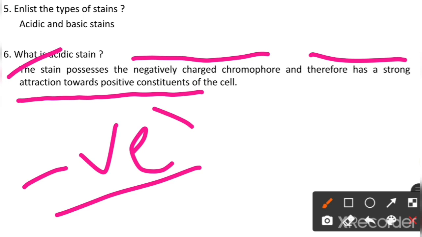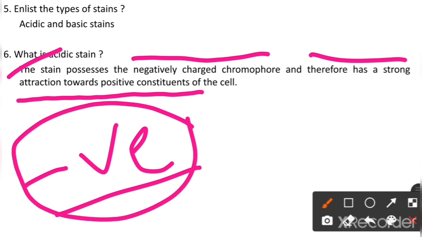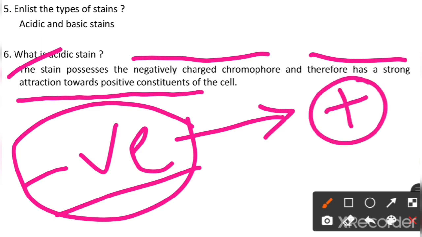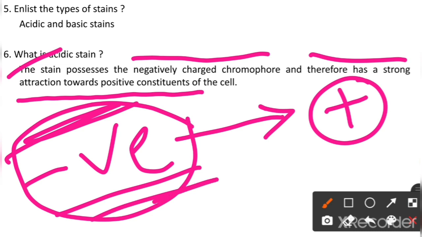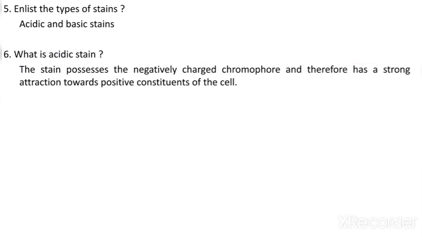So it contains a negative charge on the surface, and that is why it attracts the constituents that have a positive charge. So an acidic stain contains a negatively charged chromophore and attracts the positively charged constituents of the cell.